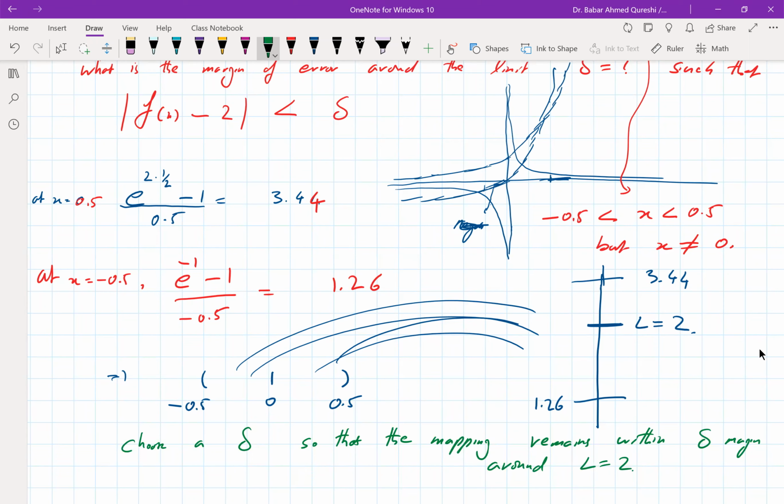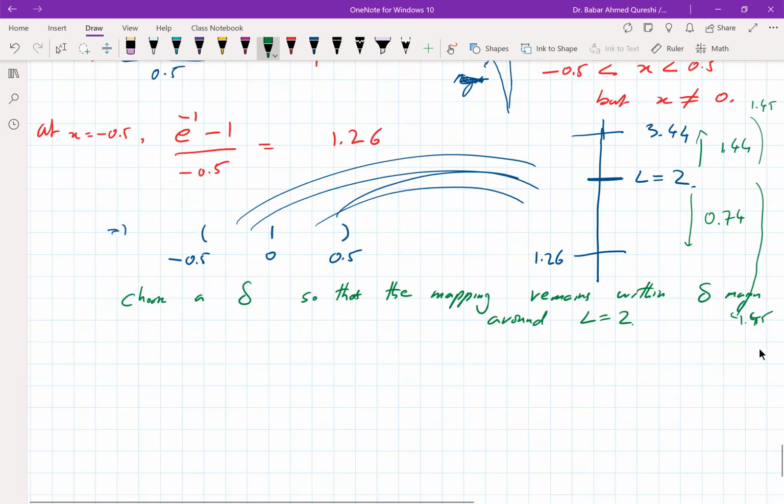So which one, how should I take? So this above it is by 1.44, while this below is 0.74. So it's clear that if I consider a bigger margin above here, like 1.45, it will cover things over here.